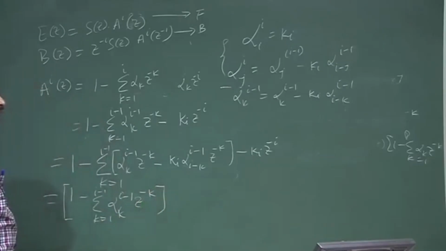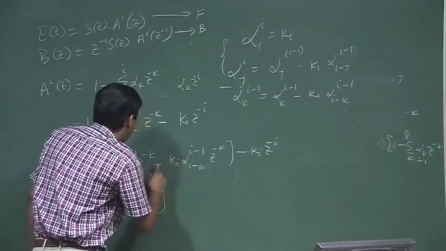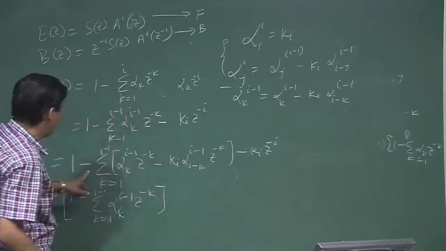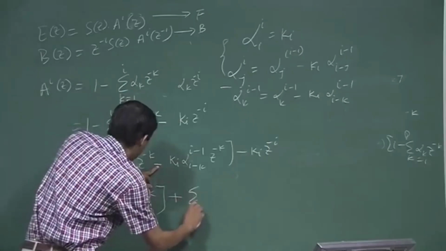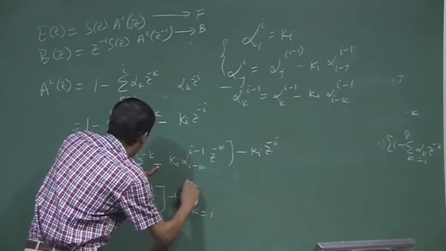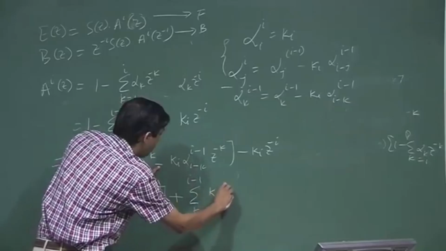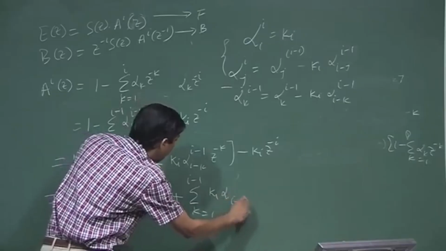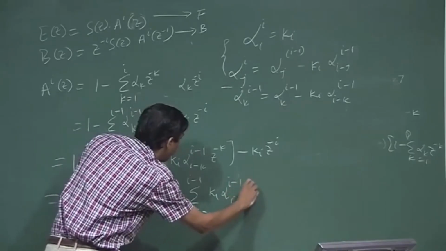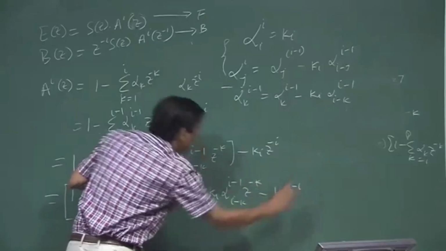Another term is, if I take this sign, this is minus, minus minus a plus. So, I can say plus the sum over k equal to 1 to i minus 1 of k i alpha i minus k i minus 1 z to the power minus k, z to the power minus i.